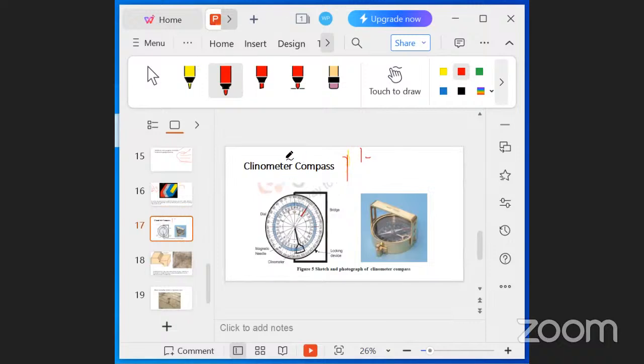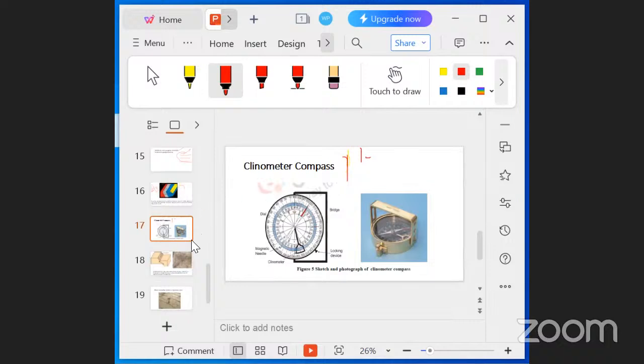So now let us recall the strike. Strike is the compass direction of a line formed by the intersection of a rock layer surface with a horizontal surface, right? So now where is the dip?